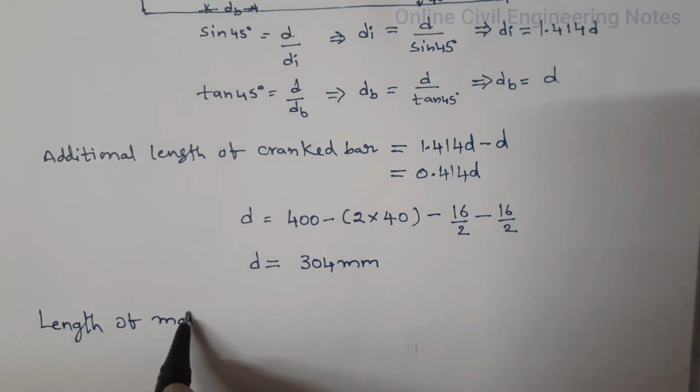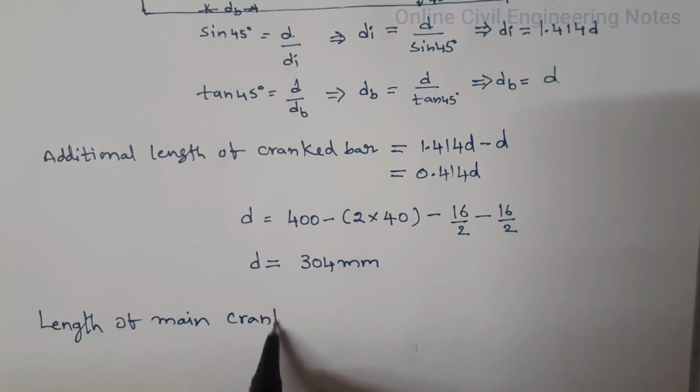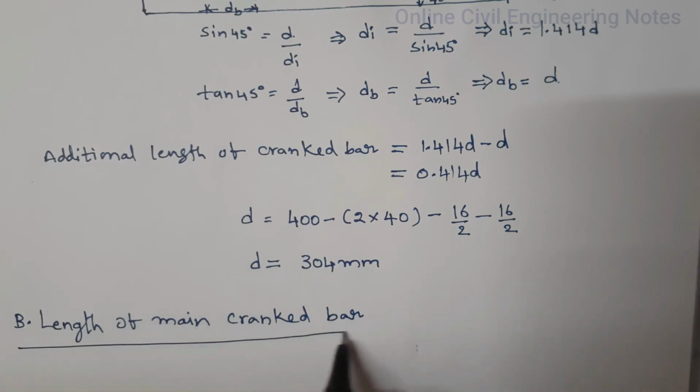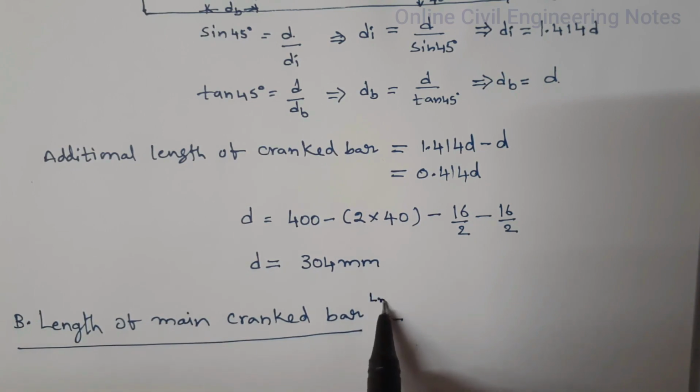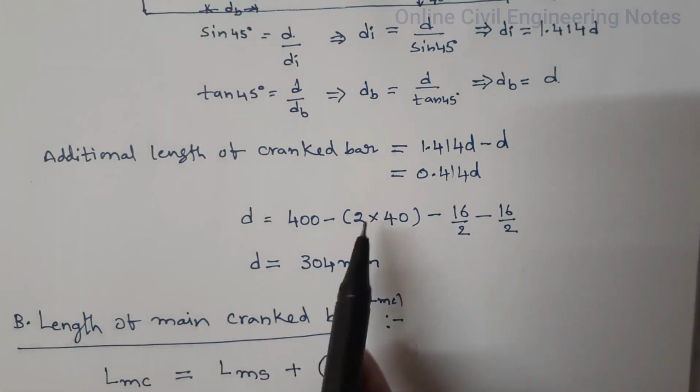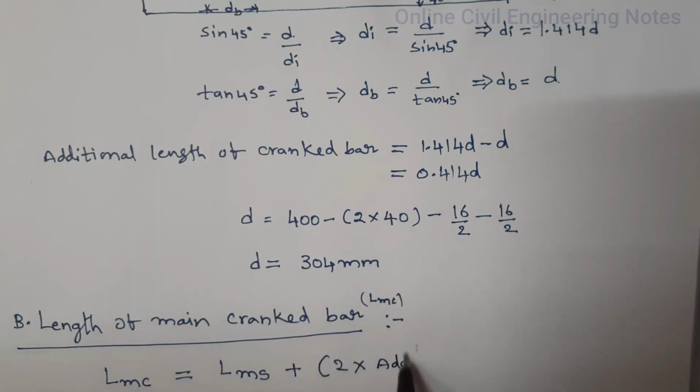Length of main crank bar, say it is B. Length of main crank bar LMC. Length of main crank bar is equal to length of main straight bar plus 2 into additional length of crank bar.